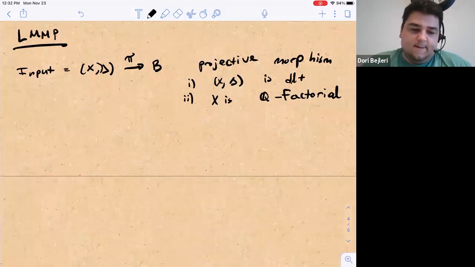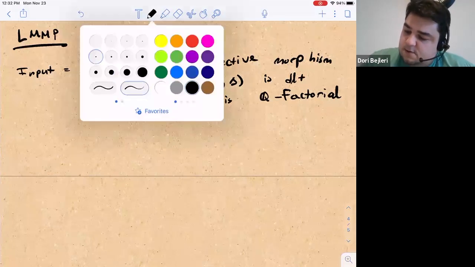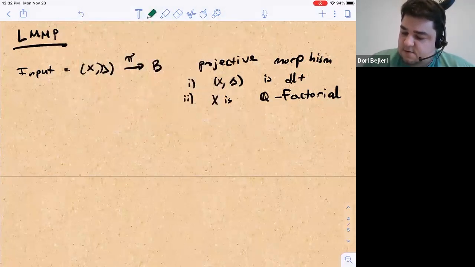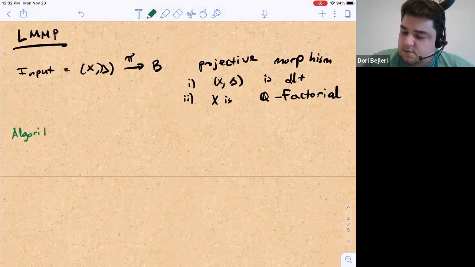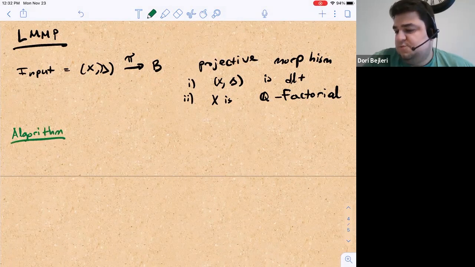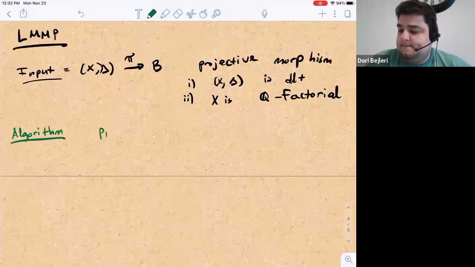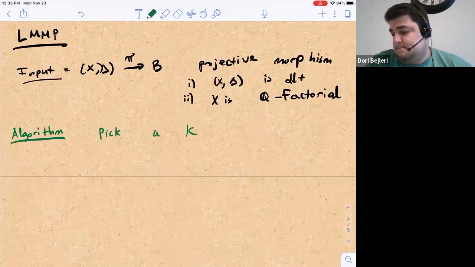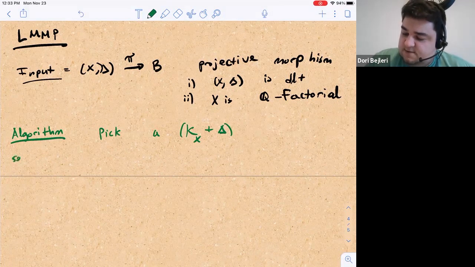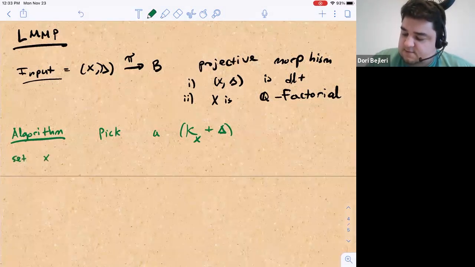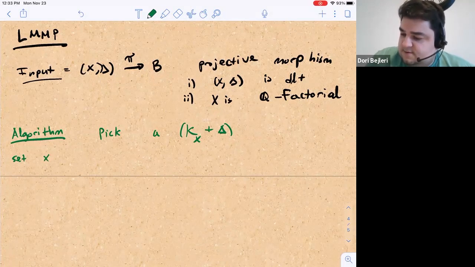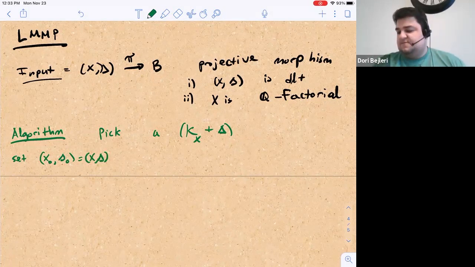So that's our input. And then we have the algorithm itself. Well, maybe I should say first, let's set our first pair to just be (X, Δ), and then assume we have X_i.